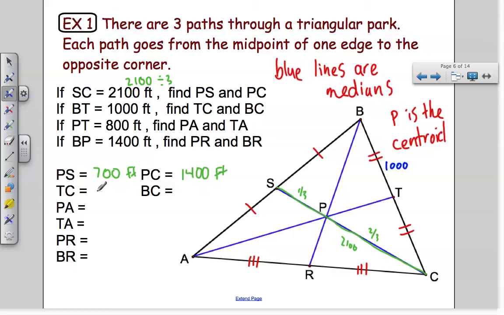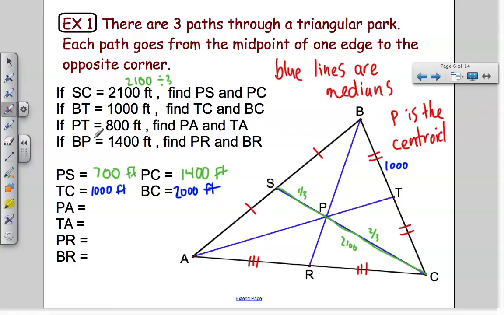So this must also be 1,000 feet. And what is BC? Now BC is this entire side. It should be double this 1,000, or 1,000 plus another 1,000. So, 2,000 feet for that total side.